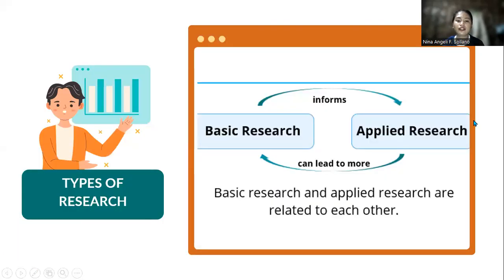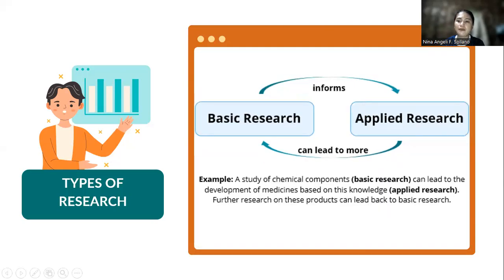So we have, again, basic and applied. It can lead to more and it informs, but they are related to each other. So for example, you are STEM students and in the future, some of you will be in the medical field, okay?